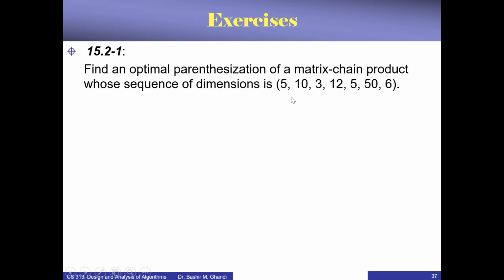So this is P0, P1, P2, P3, P4, P5, and P6. Find the parenthesization needed. So here actually the question is not only finding the minimum number of scalar multiplications needed, but also telling us where to put the parentheses. So you have to construct the solution as we did in the example.